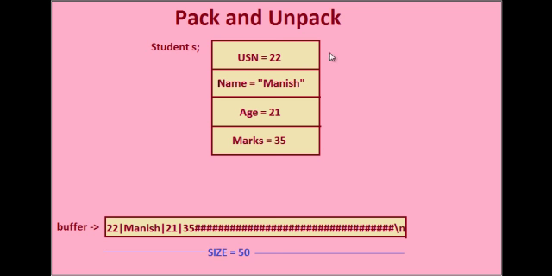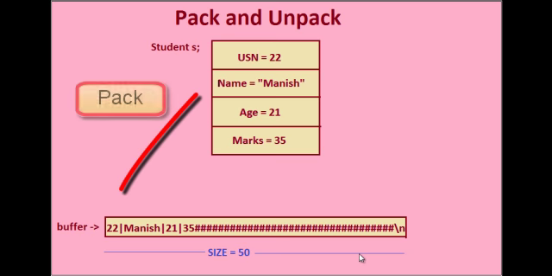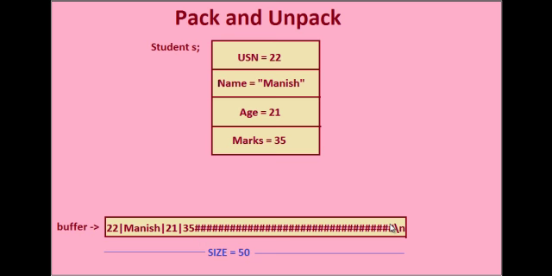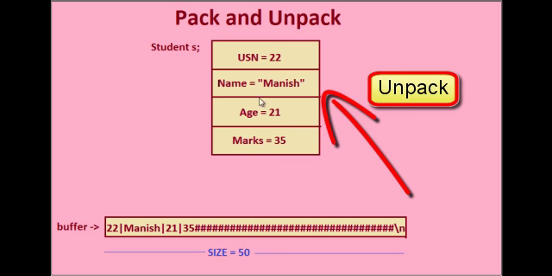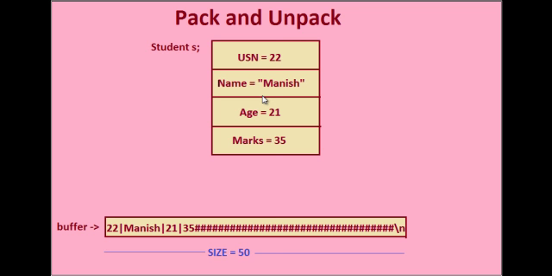I'll copy the values in this buffer, separated by a delimiter, and then pad with a certain number of characters so that the size of the buffer is constant, because we are implementing a fixed length record, and then I copy the buffer into the file. This is known as packing. On the other hand, unpacking refers to reading the data from the file into the buffer and then placing it into the data members of the student object. This is called unpacking. As simple as that.